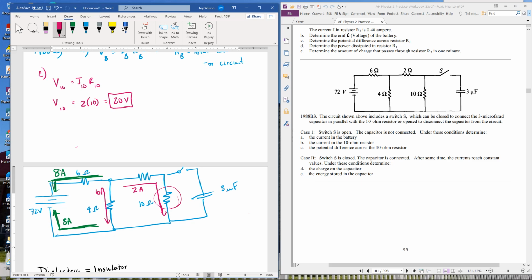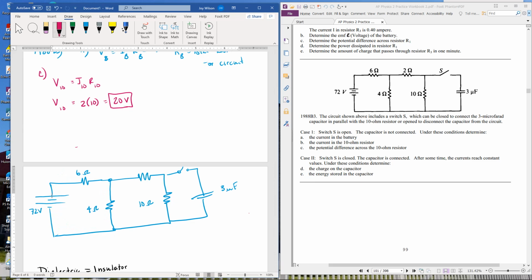C's really easy. Now, all this while, this guy was starting to fill up. On part B, sorry, I skipped the reading of the next part. So now my circuit's going to change. All this work that I did before is now going to go. So we're going to go to case 2.